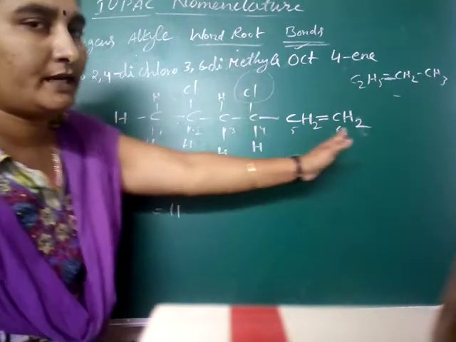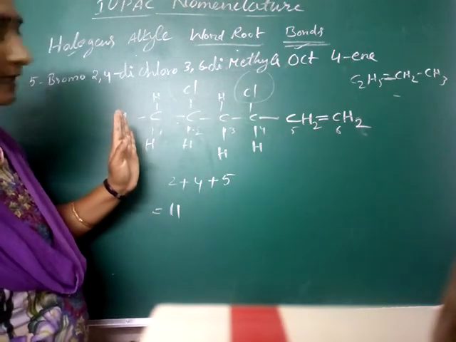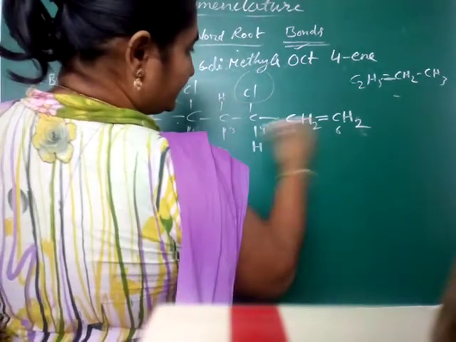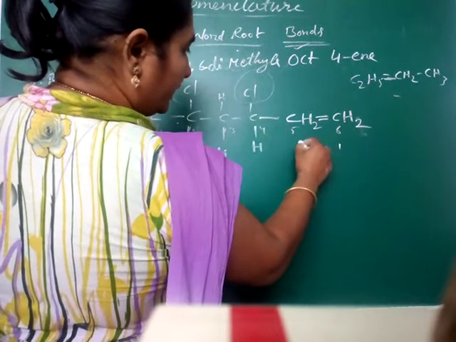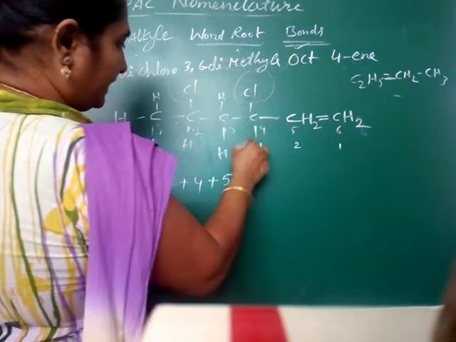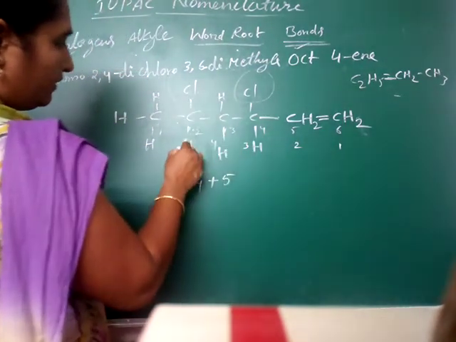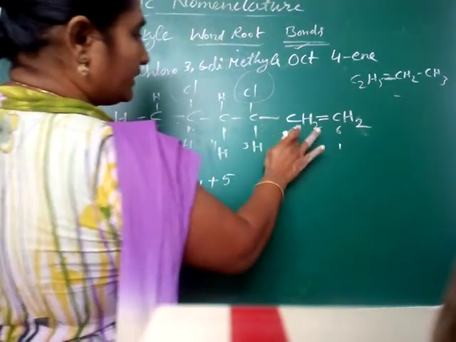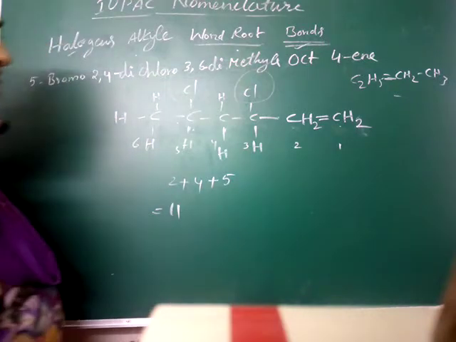Suppose you are giving numbering from this side, left to right. Now you give the numbering from this side to this side. 1, 2, 3, 4, 5, 6. It is better to write the numbers, otherwise you are confusing here.